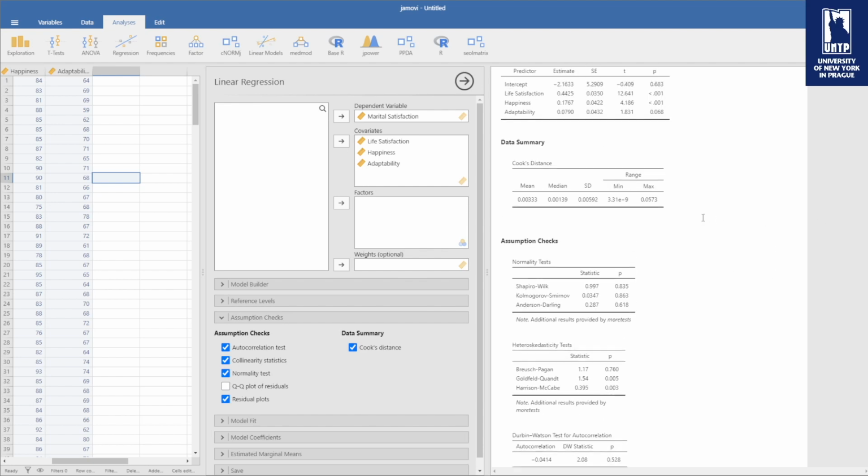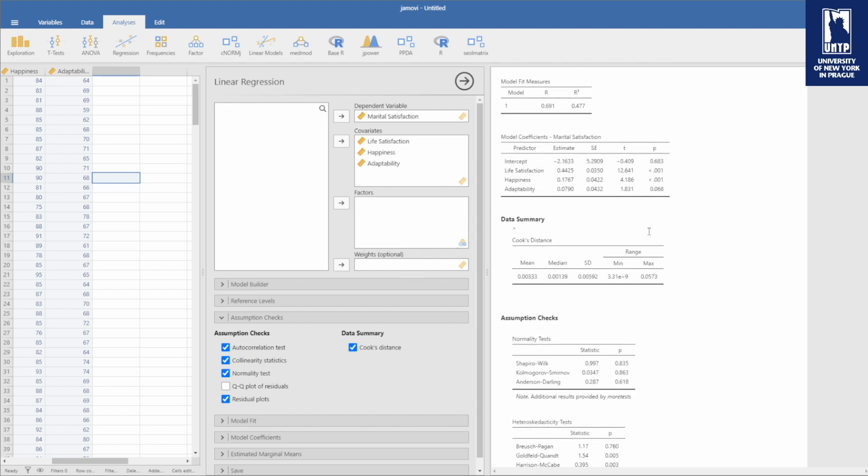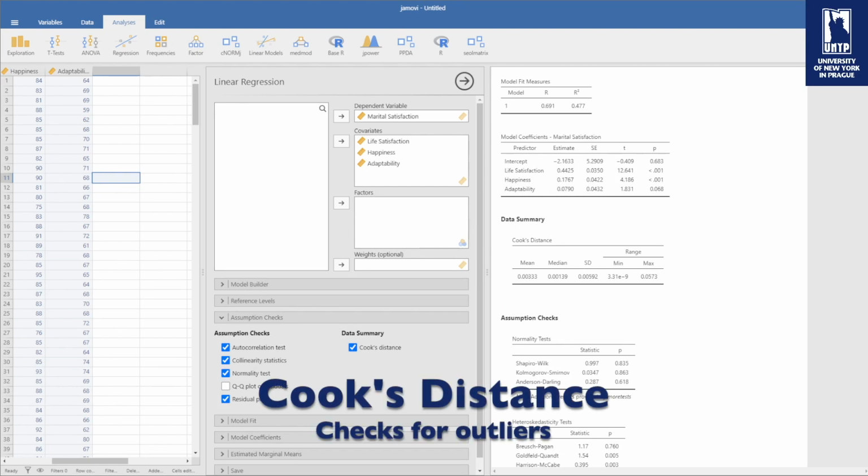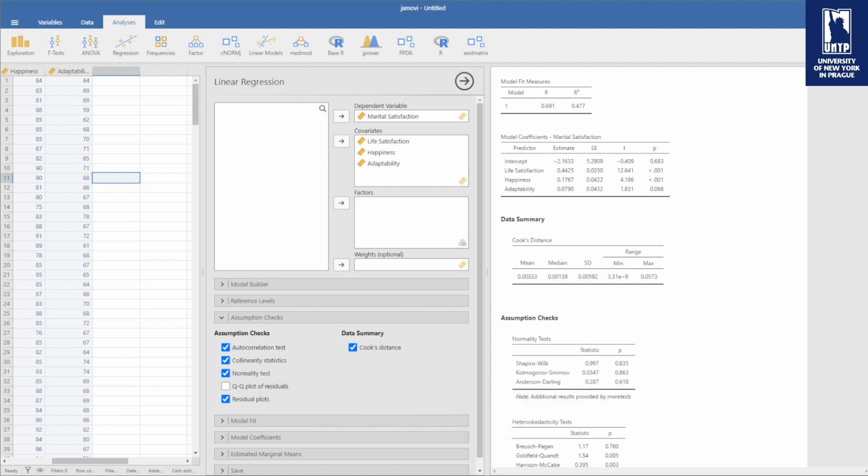So first of all, here we have Cook's distance. Cook's distance is basically displaying whether in our dataset there are a certain amount of outliers, if any. In order to meet this assumption, we should check the maximum number on the range, and this should be less than 1.